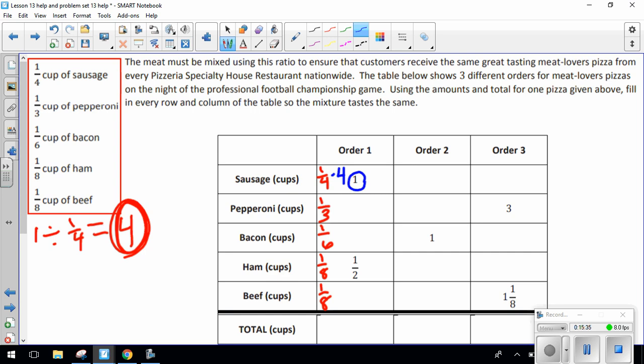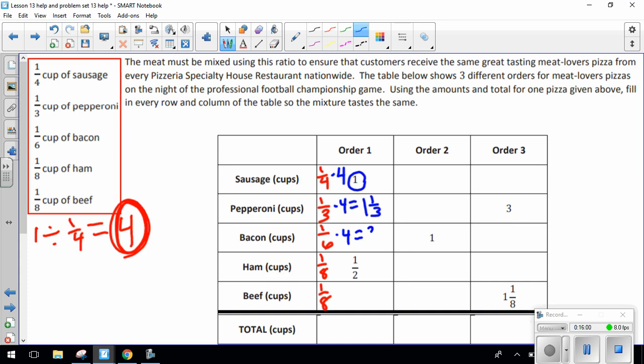Please check all of these solutions with your calculator. So now I'm going to take 1/3 and times this by 4, and you'll get a final answer of 1 1/3. So please make sure you're pausing and make sure you're typing this into your calculator because I want you to practice. You're going to take 1/6 and times it by 4.